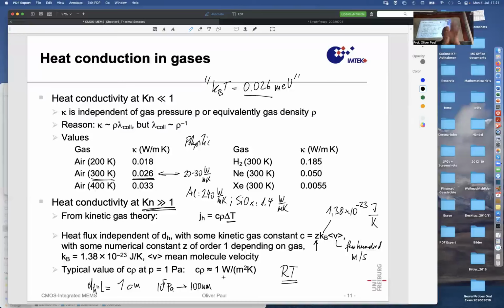I'm just using house numbers, representative numbers. So if I go down by a factor of 10, I'm at 1 micrometer. And then from 1 micrometer to centimeter, how much is it? 10 to the 4. So from 100 nanometer to 1 centimeter, I have a factor of 10 to the 5.